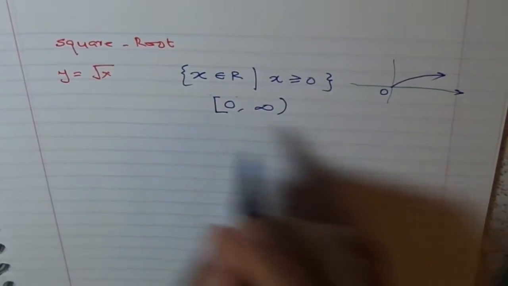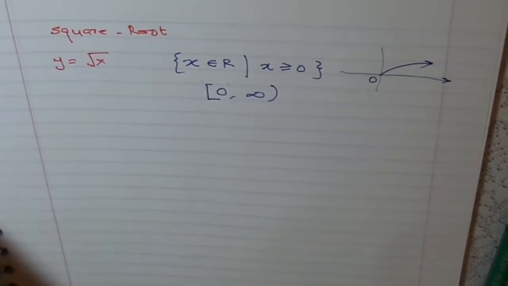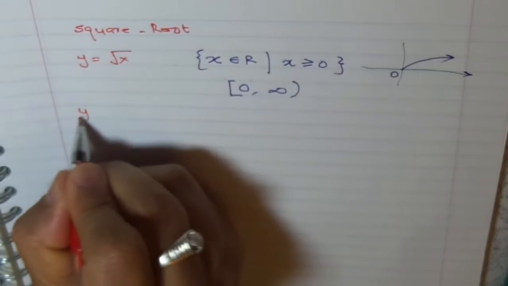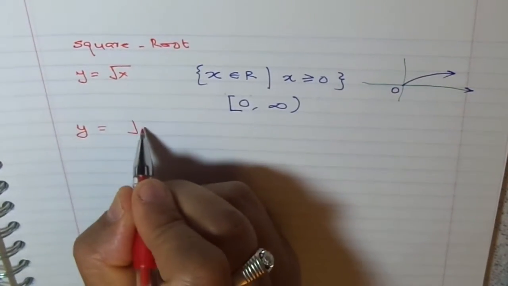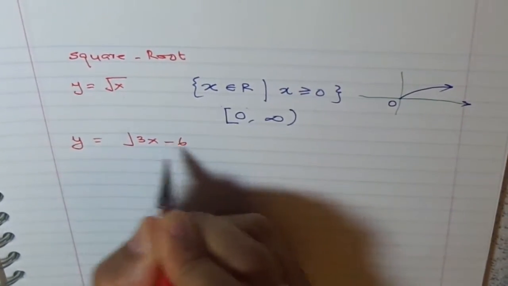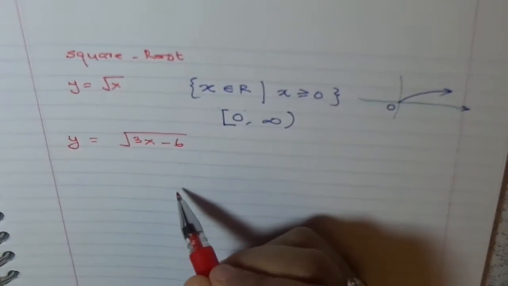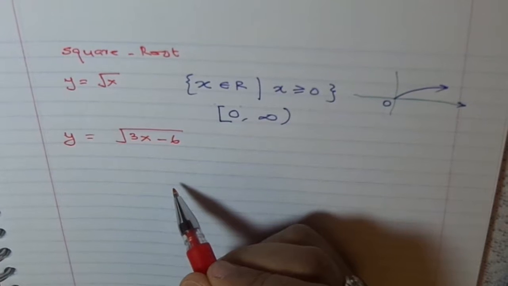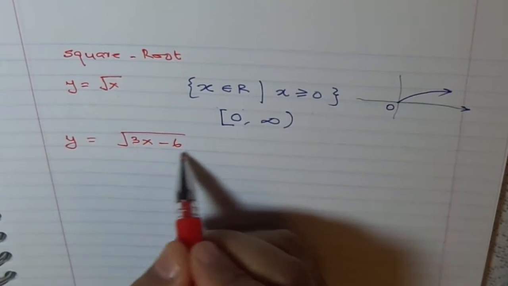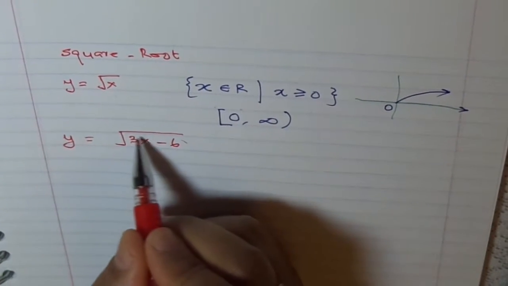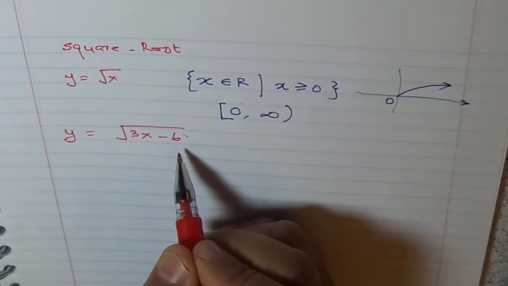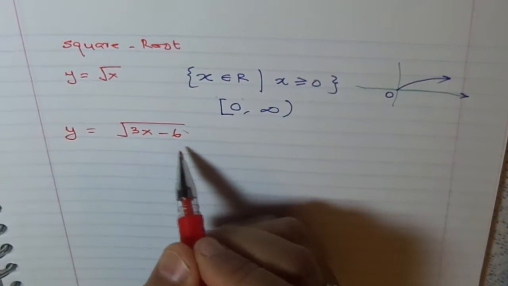Now we can have a transformed square root function. So for example, we have square root of 3x minus 6. Now how to find where the restriction is? The simplest way to do it is to equate the portion inside the radical to greater than or equal to 0. Correct? So we'll do our maths here.